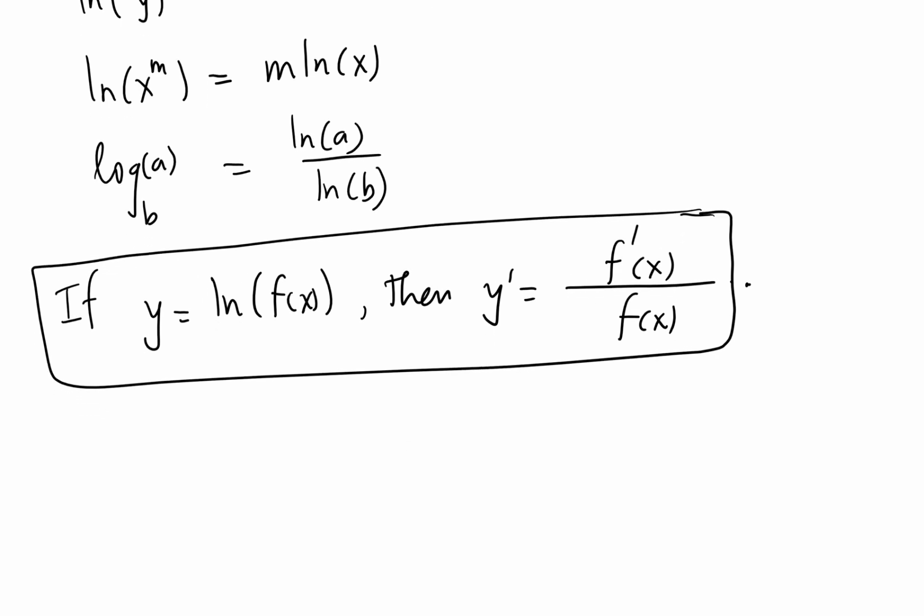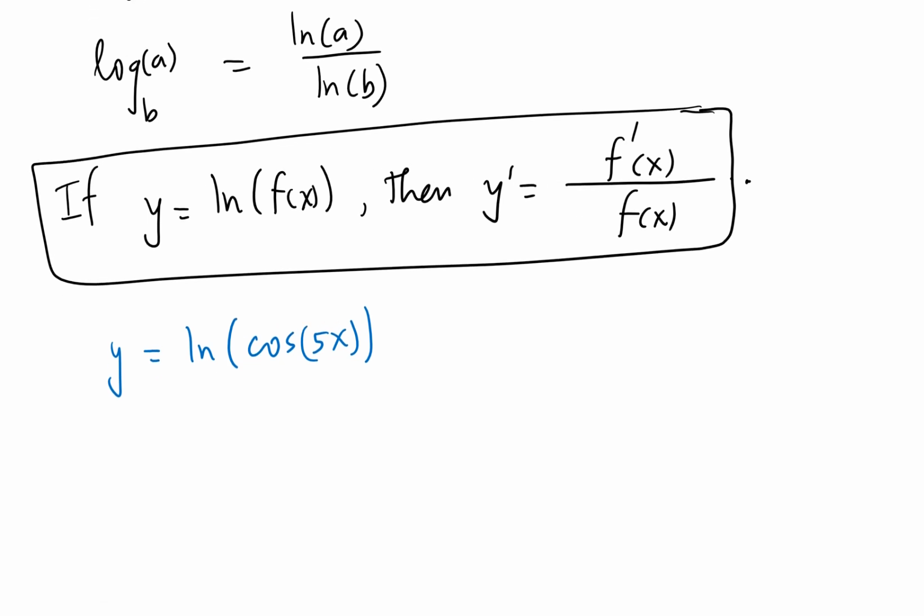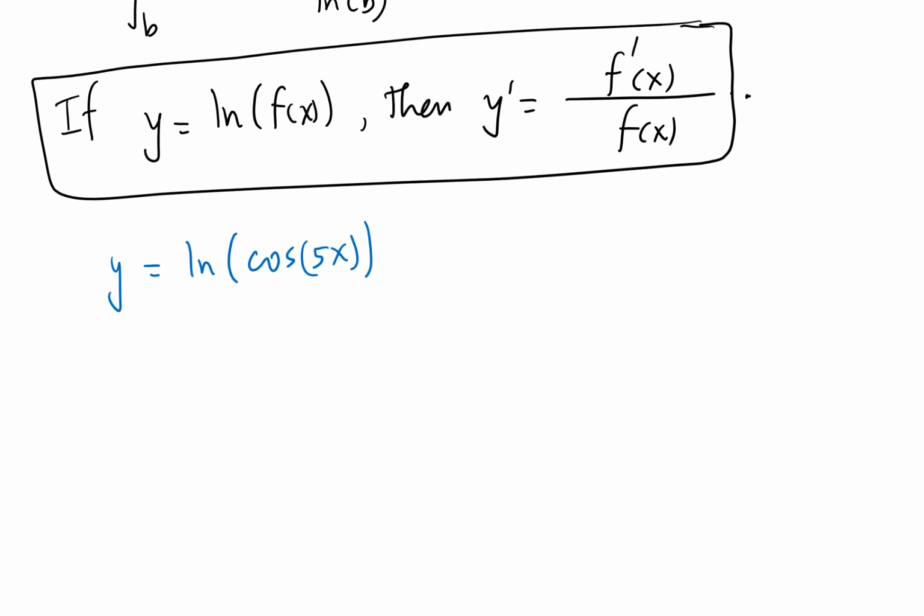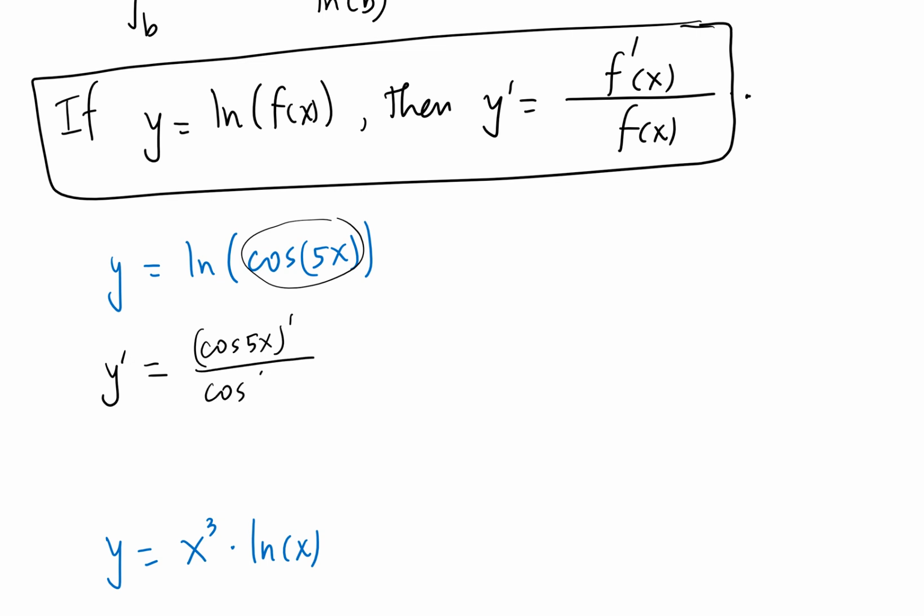To apply this formula, let's try to find the derivative of the natural log of cosine of 5x. And we're going to try x cubed times the natural log of x. So what's the derivative of this? Applying the formula, take that function, find the derivative of that function over itself, with no natural log anymore.